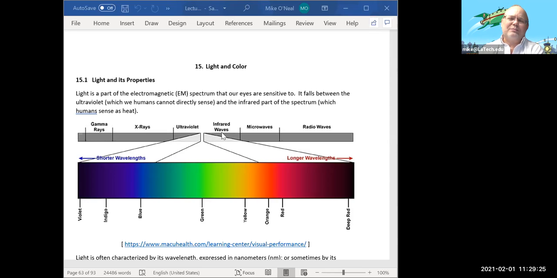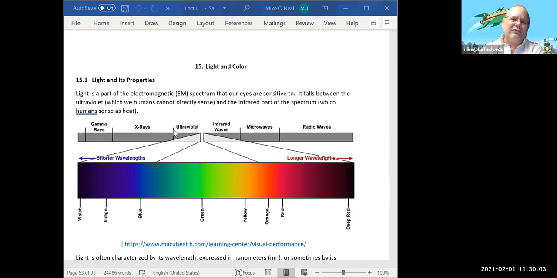It moves towards pain because infrared is heat, and too much of it will burn you and destroy you, so it's very important to have sensors for that. Beyond that, we have microwaves. We use those to cook food; they jiggle the water molecules really fast, which causes things to heat up, because all heat is the movement of molecules. Beyond that, we have radio waves, and we're bathed in radio.